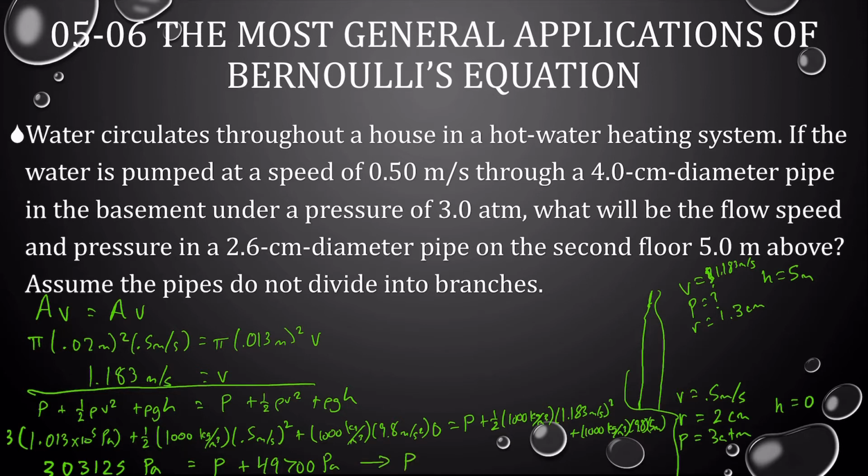So subtract, and your pressure is 253.425. Divide that by 1.013 times 10 to the 5th pascals to get atms, and it comes out to be 2.5 atms.